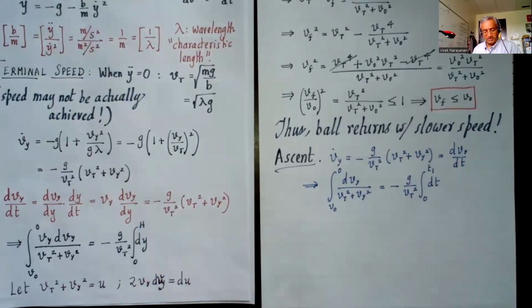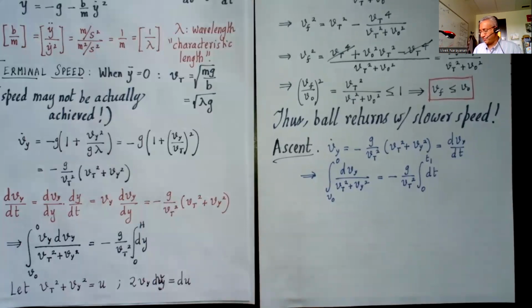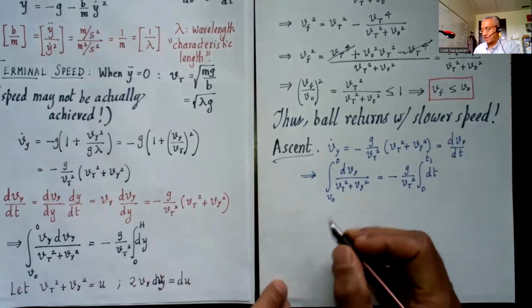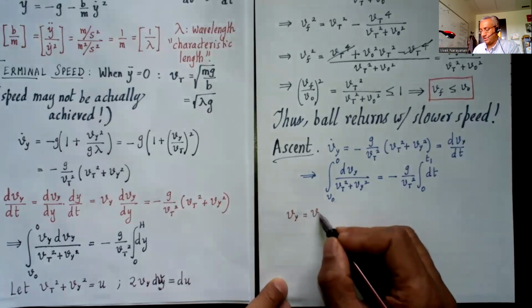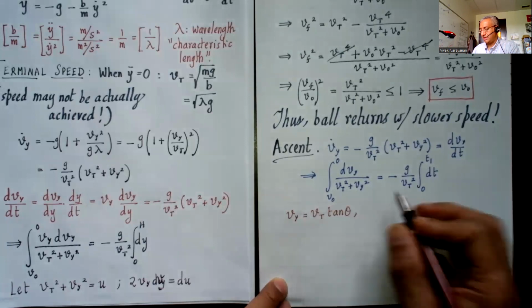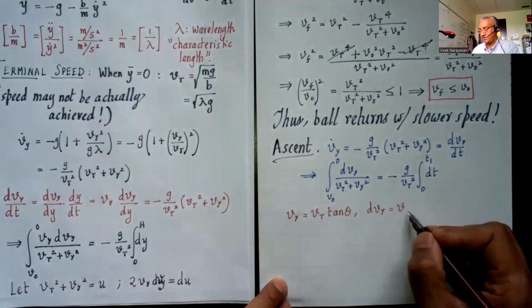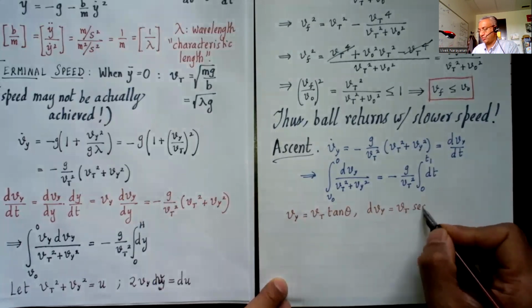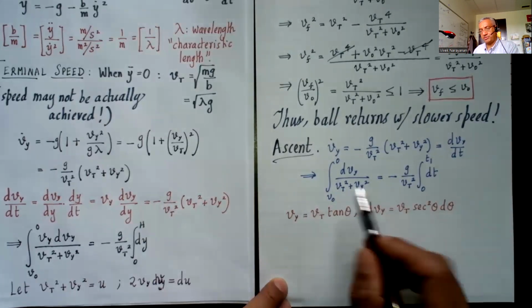This integral is rather straightforward. It's just a tangent substitution. So I start with Vy equals Vt tan theta. Then if I take the differentials on both sides, I get dVy equals Vt secant squared theta d theta. Once again, I won't bother with the limits.